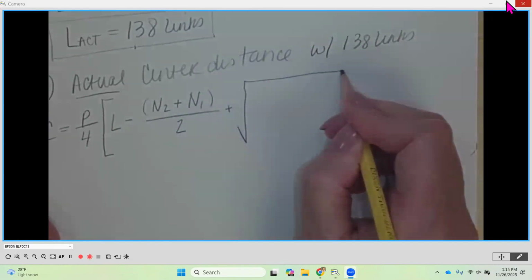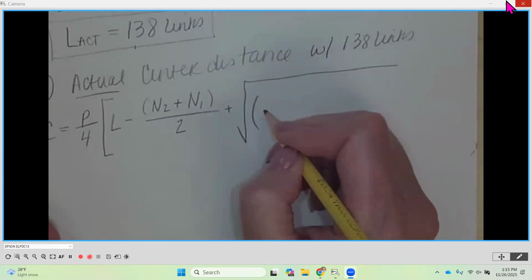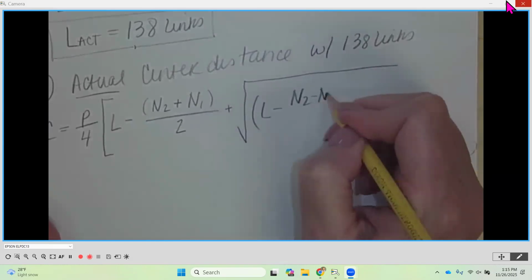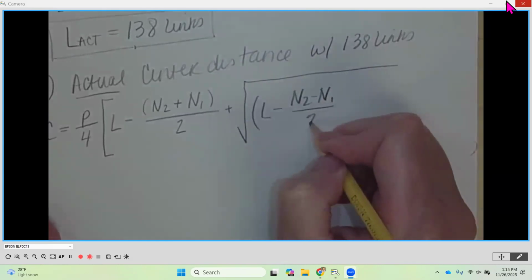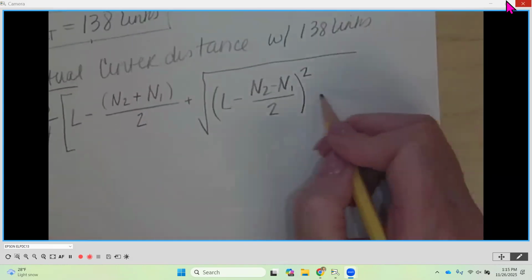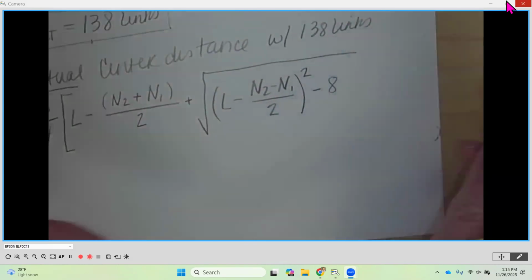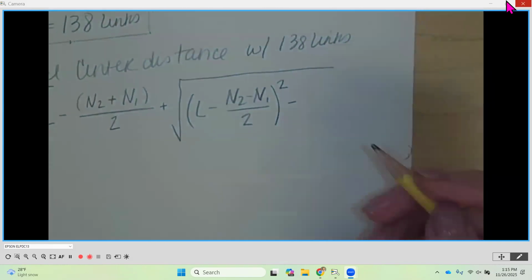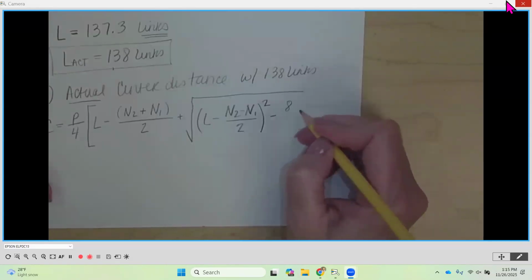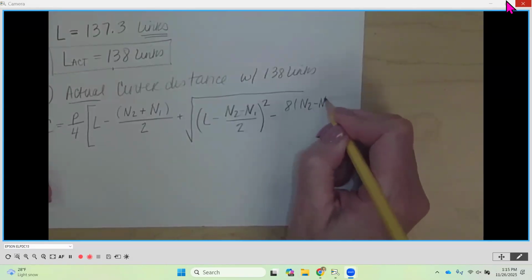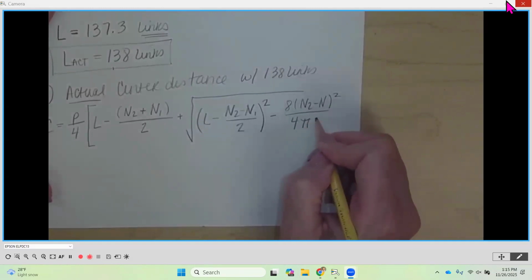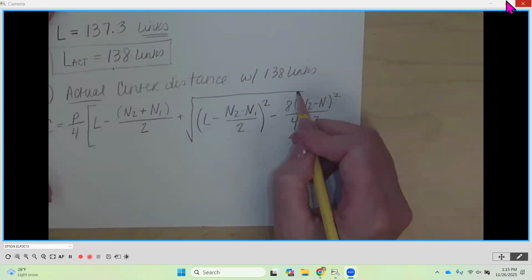plus, and then the square root of, there's a whole bunch of stuff underneath here, L minus N2 minus N1 divided by 2. And then we're going to square that quantity minus eight times N2 minus N1 squared divided by 4 pi squared.